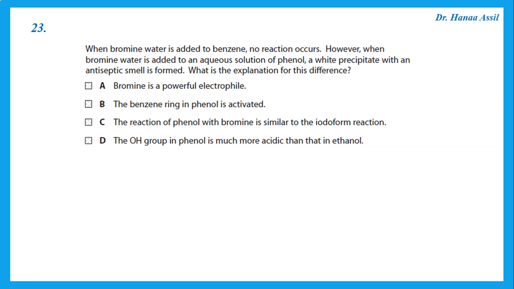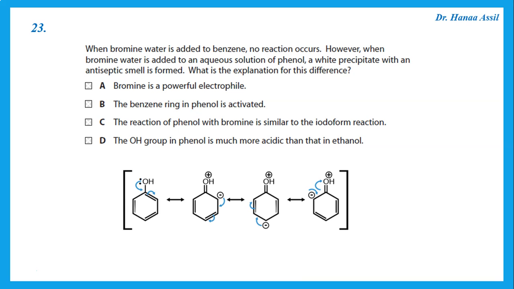When bromine water is added to benzene, no reaction occurs. However, when bromine water is added to phenol, aqueous solution of phenol, it reacts. We get a white precipitate with an antiseptic smell. What is the explanation for this? So we're basically saying that phenol is more reactive than benzene. Why is phenol more reactive than benzene?